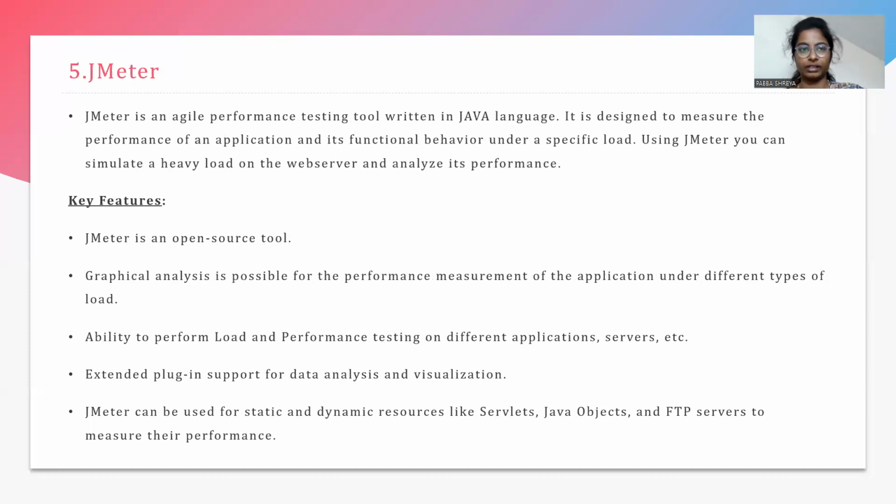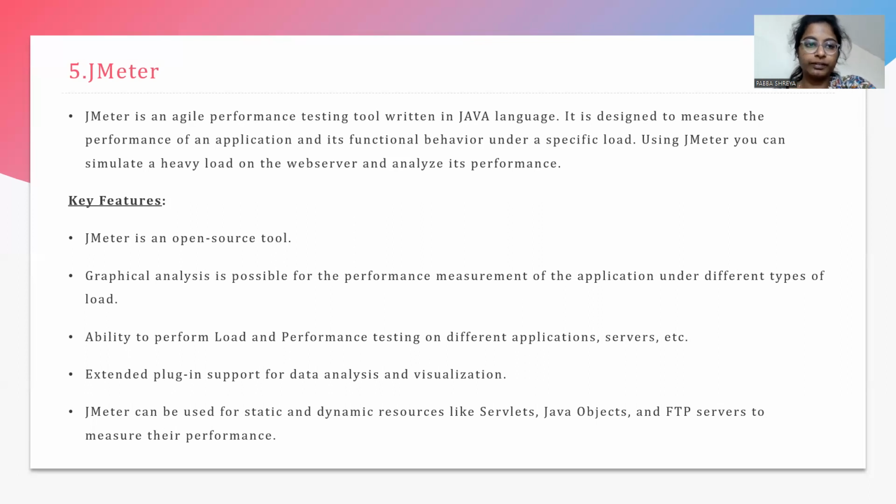And next is JMeter. JMeter is an agile performance testing tool written in the Java language. It is designed to measure the performance of the application and the functional behavior under a specific load. Using JMeter, you can simulate a load on the web servers and analyze its performance.